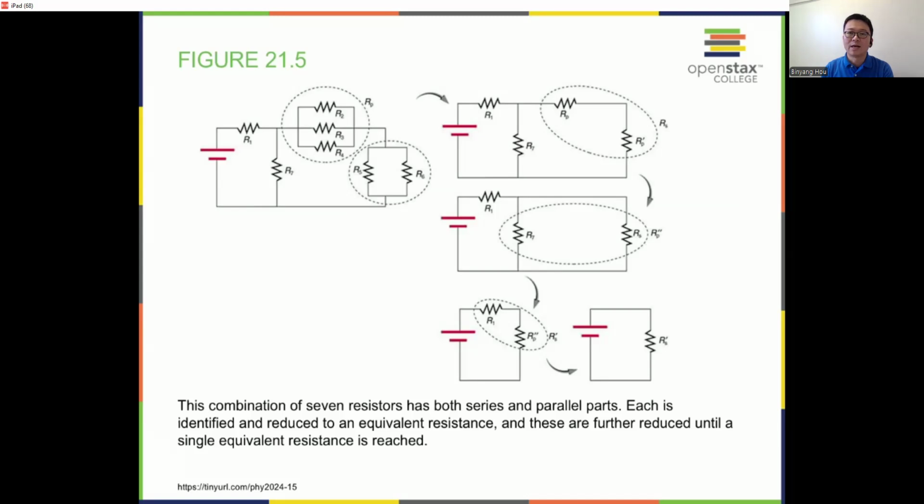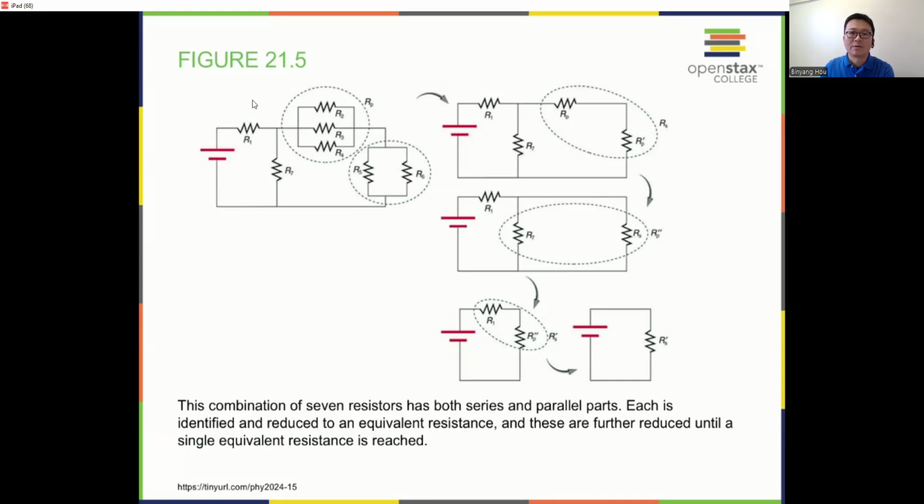So each time you look at just the resistors or the equivalent resistors that are purely in series or in parallel, replace that part of the circuit by an equivalent resistor, and then move on to the next step. So we'll treat these two as purely in parallel, and these three as just in parallel. We'll replace these two with the equivalent resistor R prime sub P, and the three combination will be replaced by just one single R sub P there.